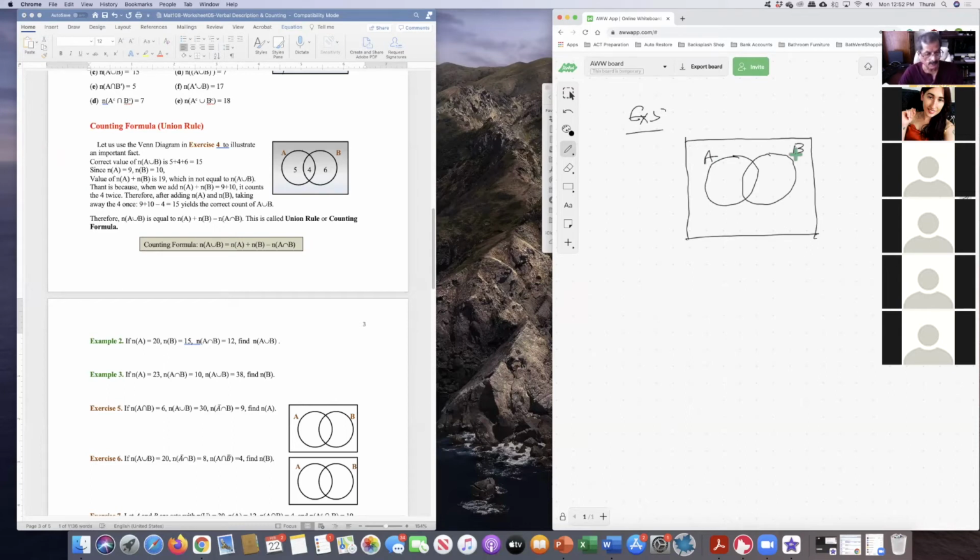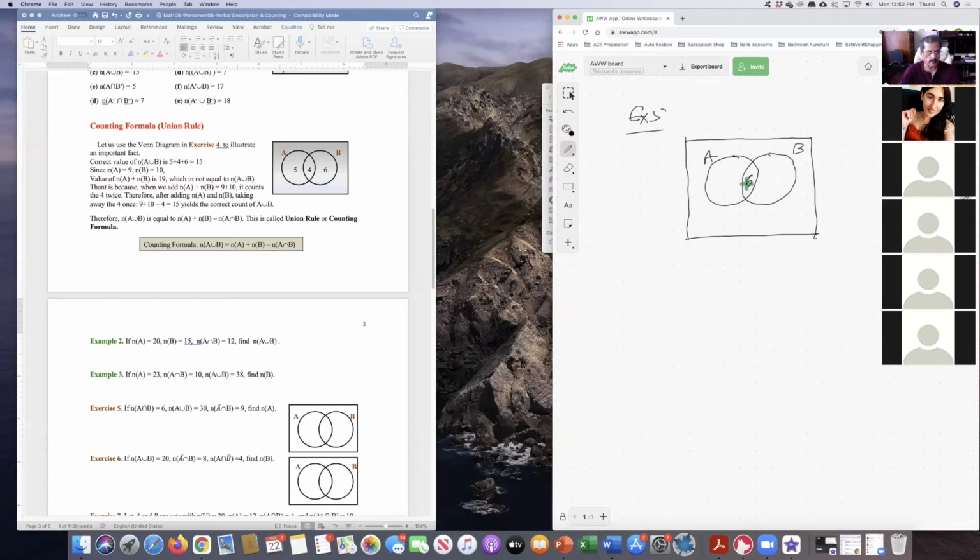So if you don't know the section, don't put that number in. Count of A intersection B is 6, it says. We can put that down on the picture. 6 goes right there. And A union B is 30. Now we cannot put that in there anywhere. That's for the 2 circles together. So we just have to remember that.